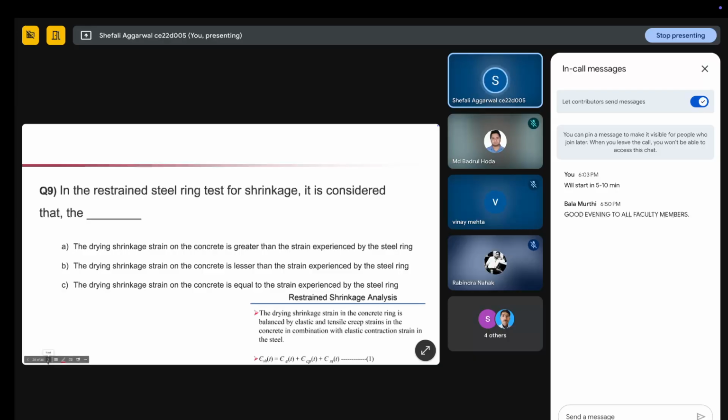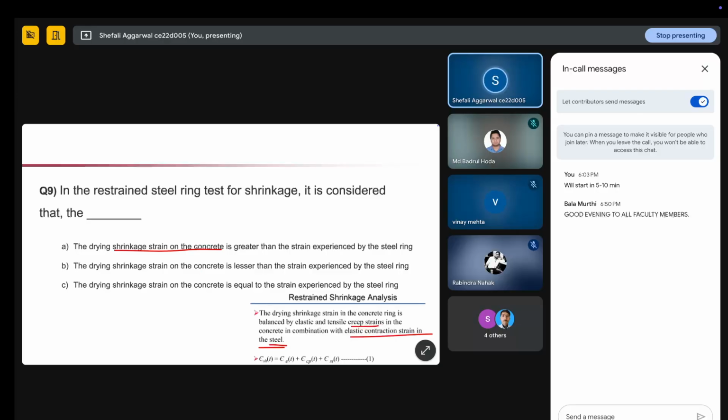Oh no, sorry, not C. We are saying in the restrained test, it is considered that the drying shrinkage strain on the concrete is greater than strain experienced by steel ring. Your drying shrinkage strain on concrete is actually a combination of strain in steel plus creep strain.